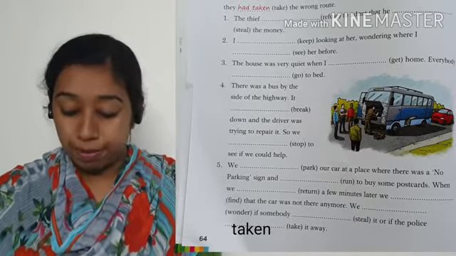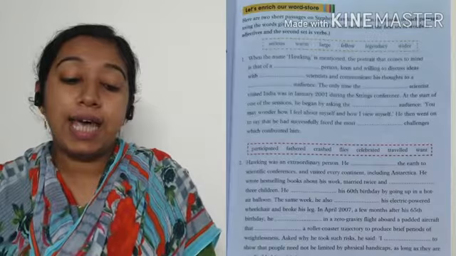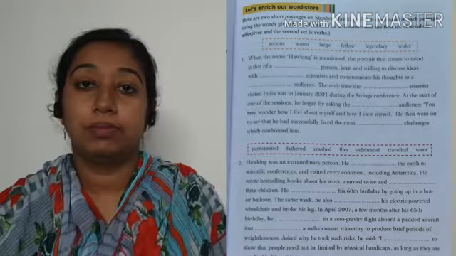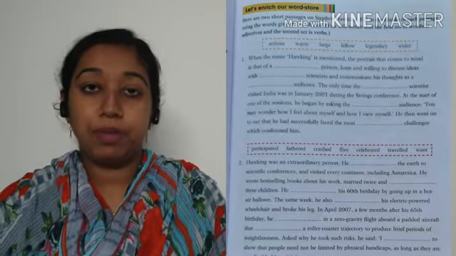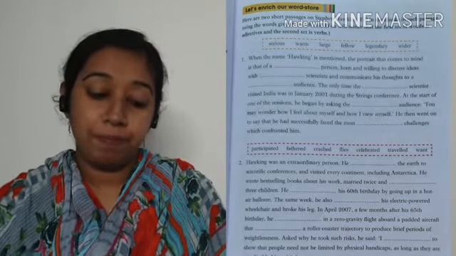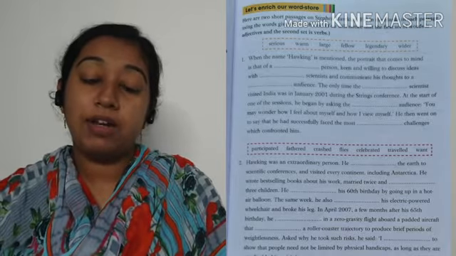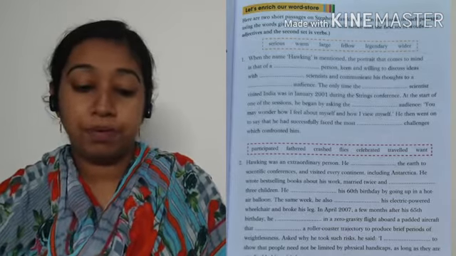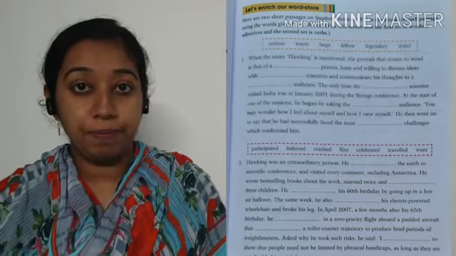Next page, page number 65. Let's enrich our word store. Children, the next exercise is about enriching our word store. There are two passages given. The first passage includes a set of words which are adjectives, and the second passage includes a set which is of verbs.